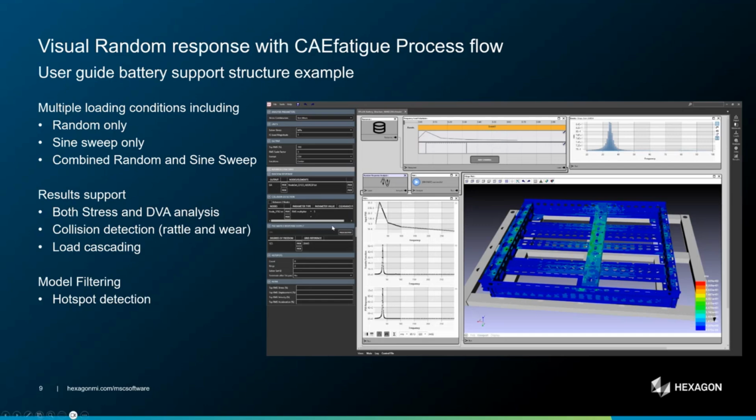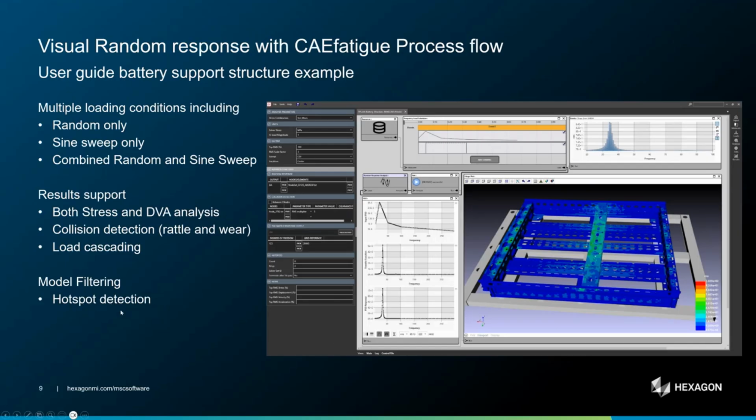When it comes to random, and even forces with monitor points, we can do collision detection and load cascading. So you have an assembly, you want to go from a big assembly to a tray, then you can look and dissect more specifically. We also do this very efficiently from a numerical point of view.